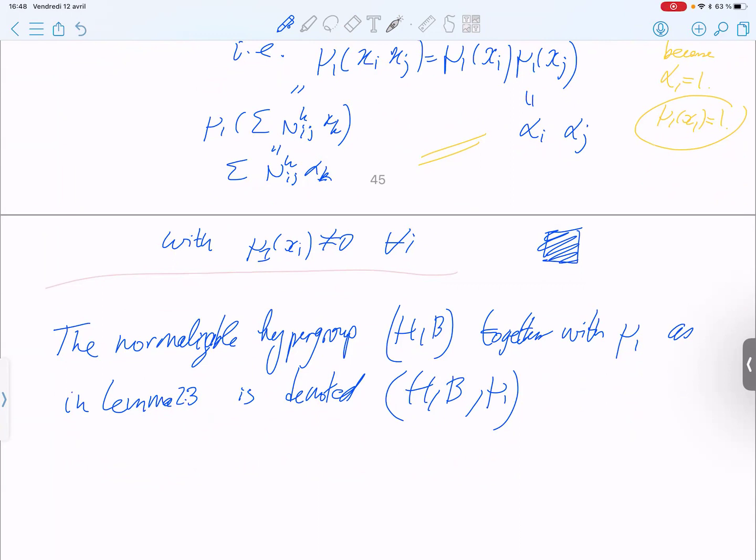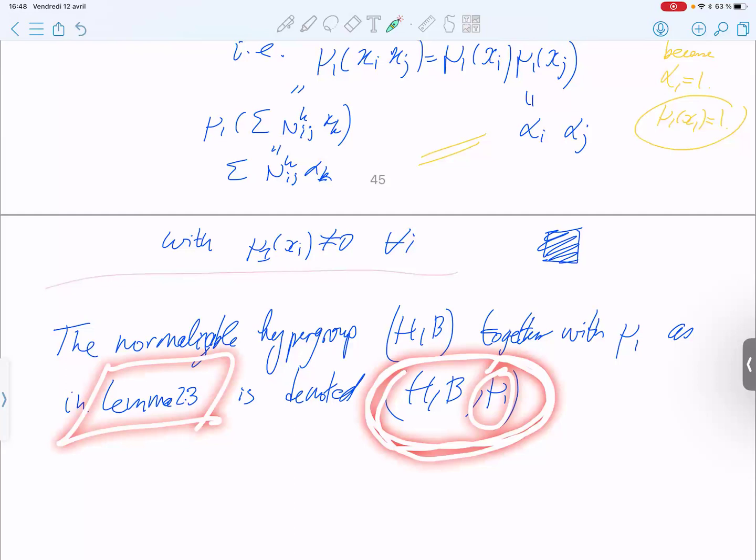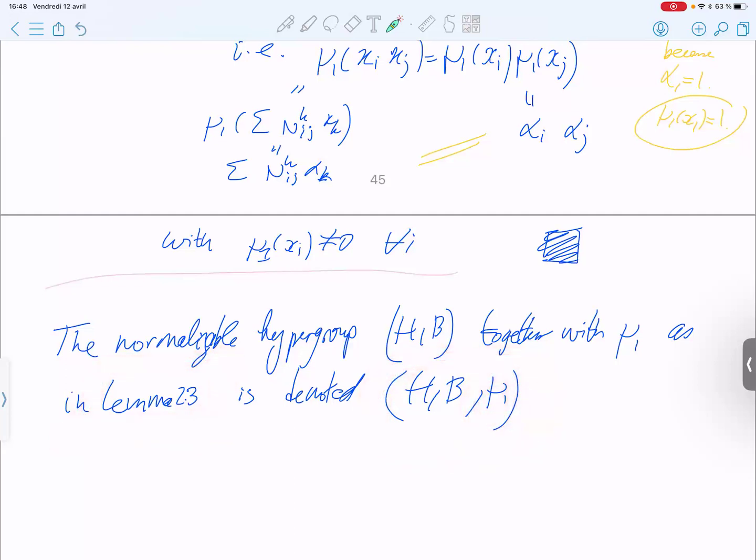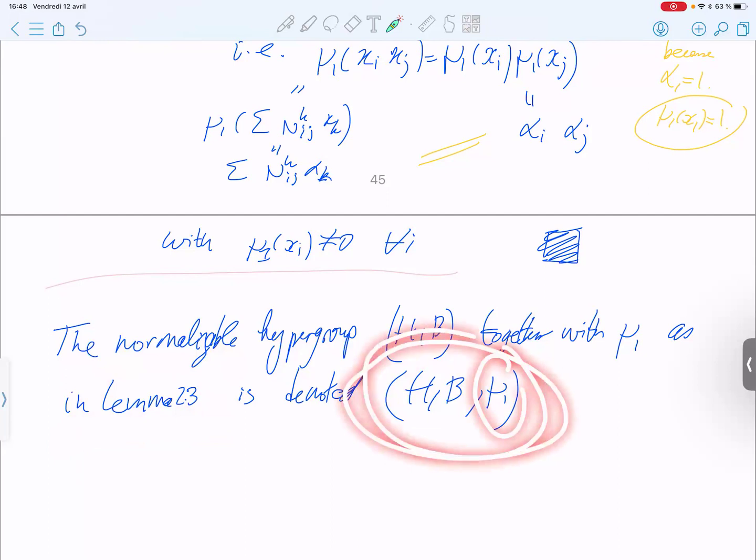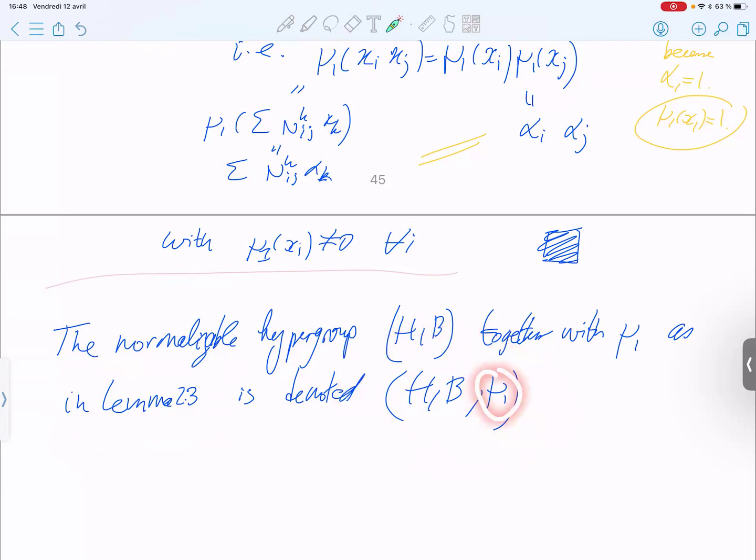And when I write that, I mean a normalizable hypergroup with mu1 as in lemma 2.3. So I don't have to recall that. Writing that means that this is non-zero everywhere on the basis.